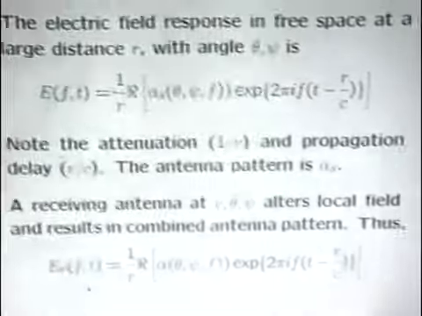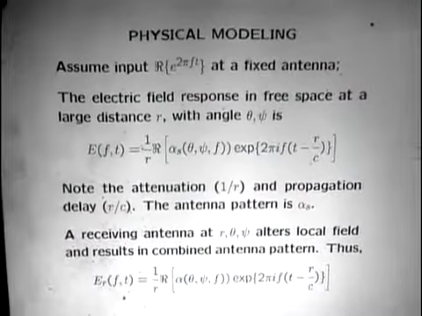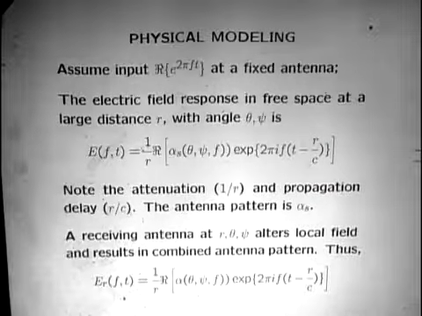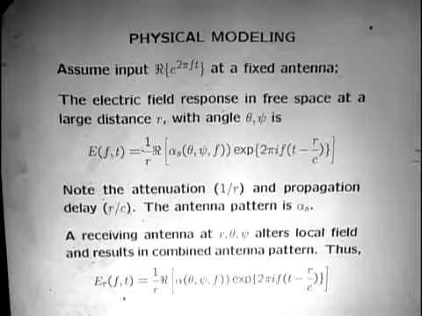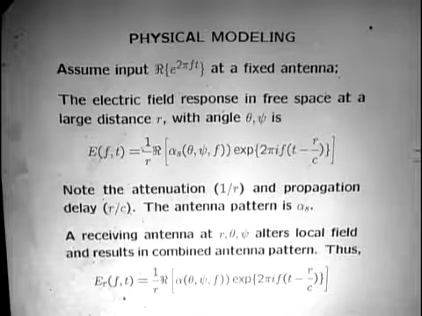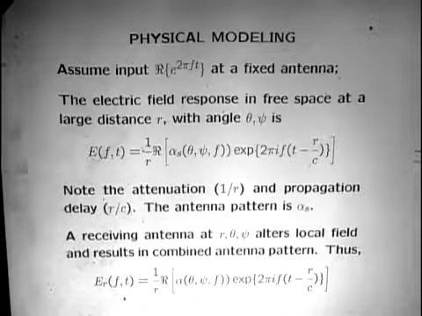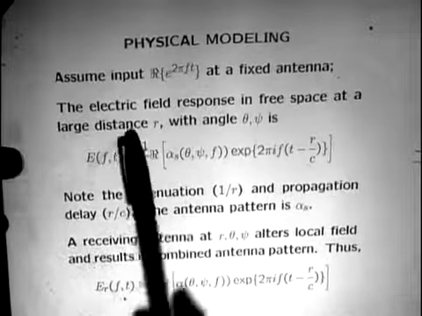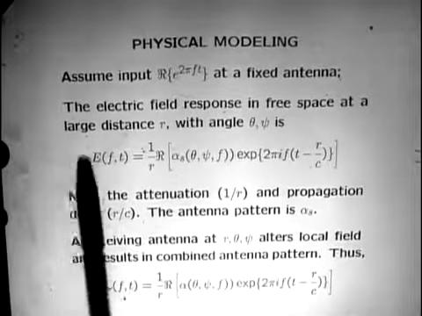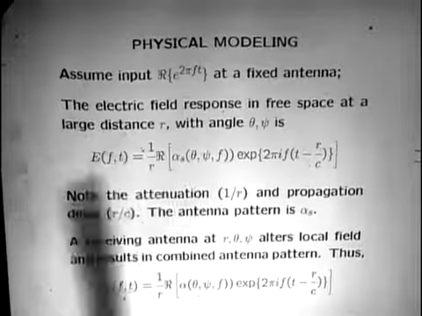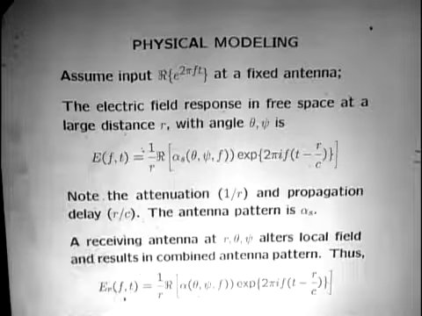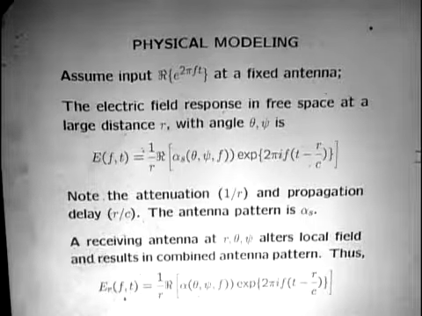Okay, so to start out, we'll start out kind of easy. We'll assume an input which is just a cosine of 2 pi ft at some fixed antenna, radiating outwards. If you go a very short distance from the antenna, if you studied electromagnetism, you know that all sorts of crazy things are going on.